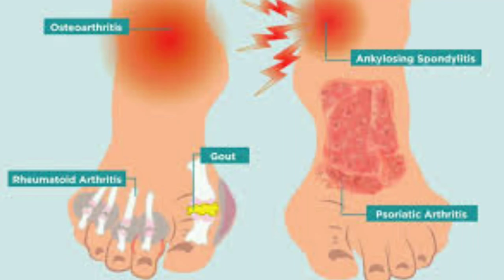So let's continue with the comparison, and first we'll talk about arthritis. Arthritis is the acute variety of inflammation of the joint, especially if it gets chronic, then it can lead to gout, osteoarthritis or rheumatoid arthritis.